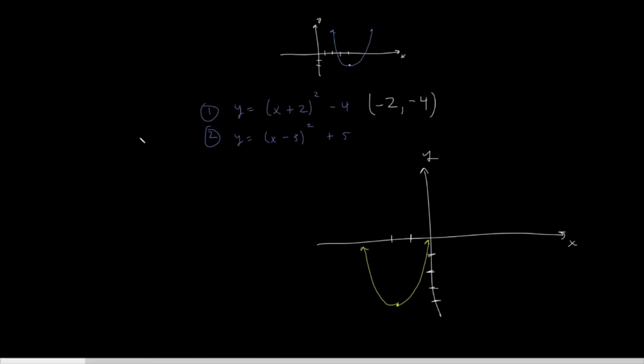This other one, the vertex is +3, -5. So I will go to 3, -5. Sorry, shouldn't they be +5? +5. Thank you. 1, 2, 3, 4, 5.